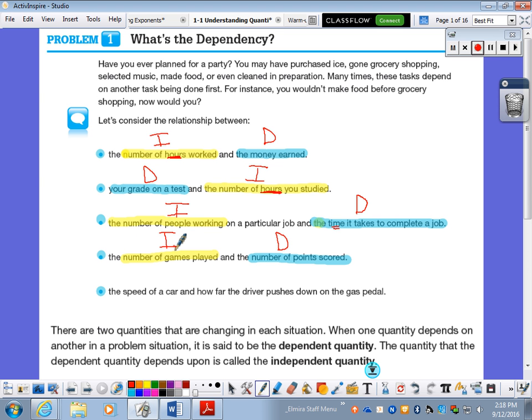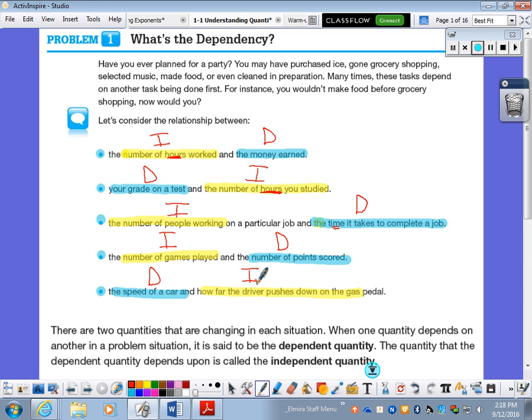The speed of the car and how far the driver pushes down on the gas pedal. The speed of the car depends on how far they push down on the gas pedal.